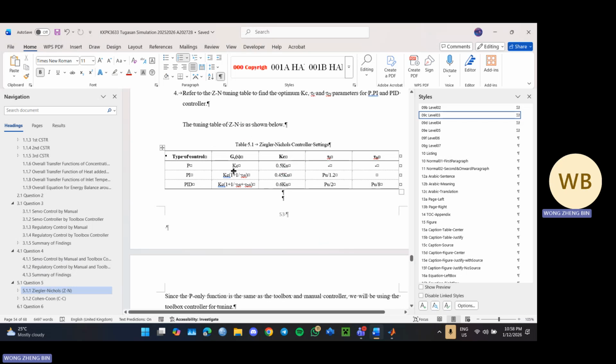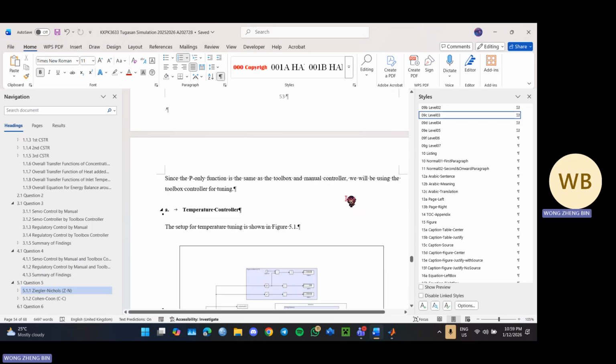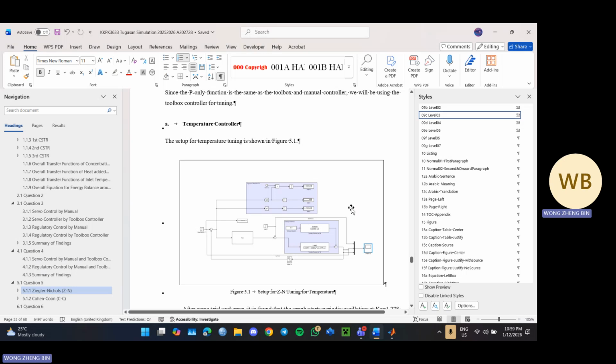You can see that P, PI, and PID have different parameters to insert. So first we perform the tuning for the temperature controller. In this case, we are all using the manual toolbox controller in the servo case.